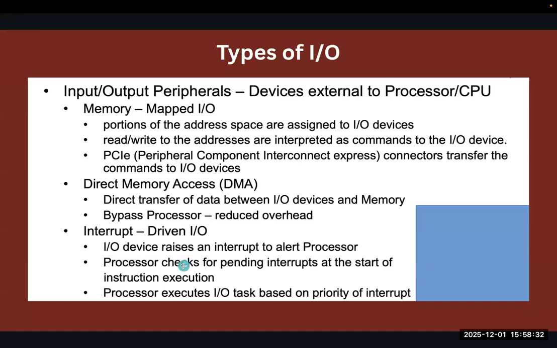Efficient I/O handling prevents the CPU from wasting cycles waiting for slow devices. We have three different topics of I/O over here. You can go through it in the recording as well.